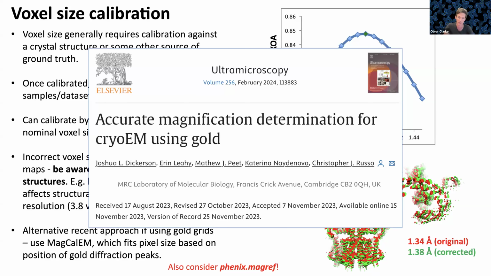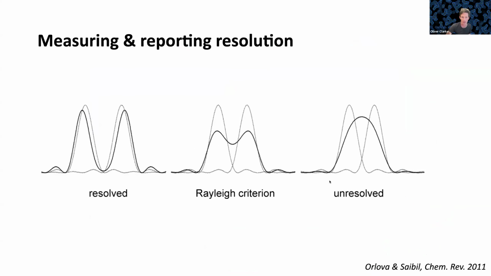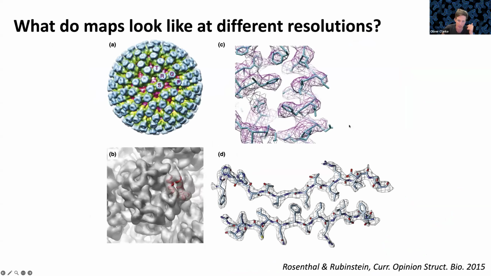Okay. So just getting into resolution, what are we talking about when we talk about resolution? Here you've just got a representation in 1D of the Rayleigh criterion, for separating two adjacent peaks where they're clearly resolved, barely resolved, and then unresolved.